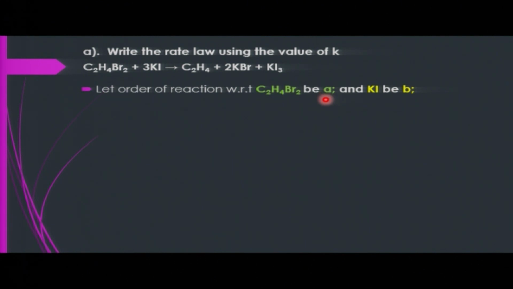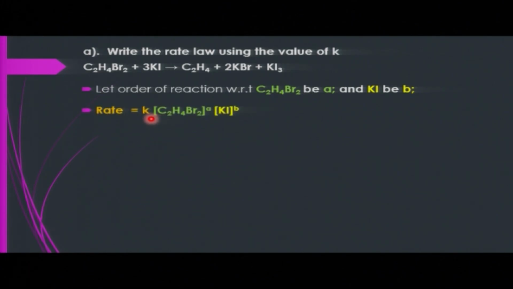Call it A, call it B, whichever value or numerator you want to use, just use that. So let's call it A, then potassium iodide, we call it B. These are my choice. Select yours, it's okay.